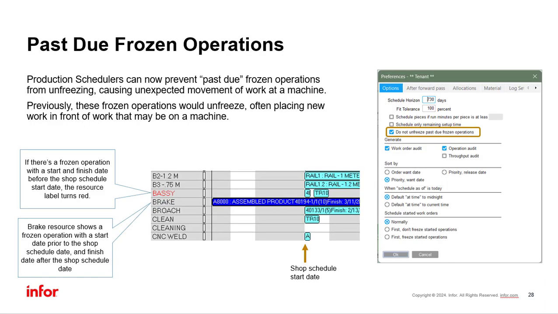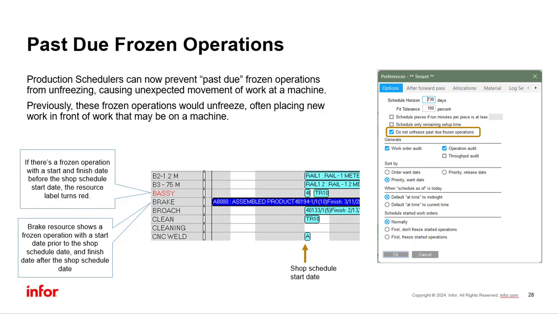A scheduler preference was also added to preserve frozen operations where the start date of the frozen operation is prior to the next schedule start date. Previously, frozen operations with a start date prior to the scheduled date would be unfrozen, potentially resulting in an undesirable result.